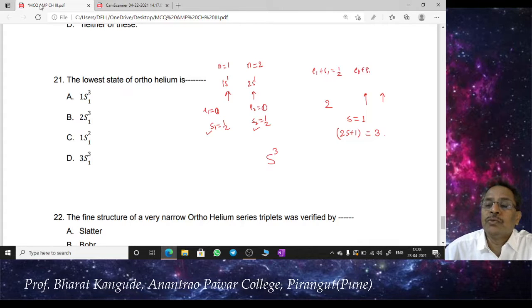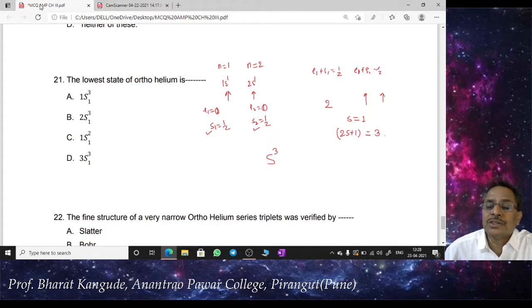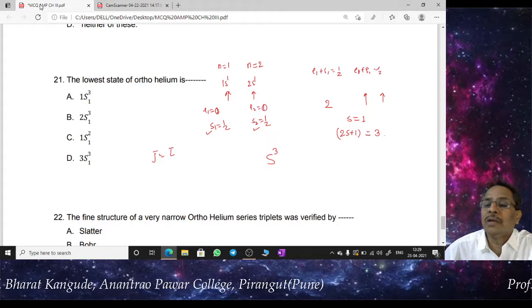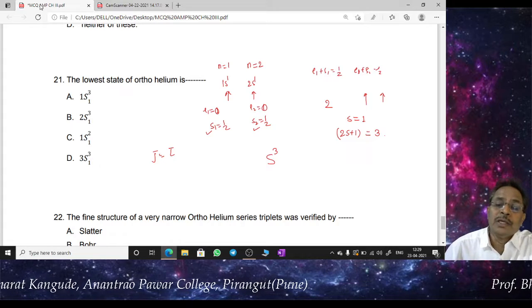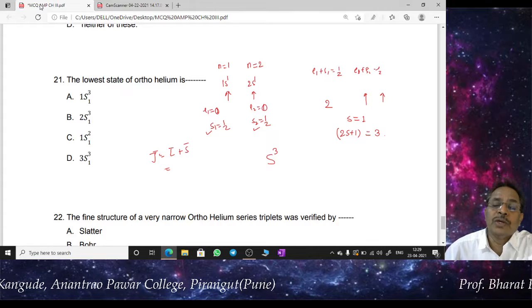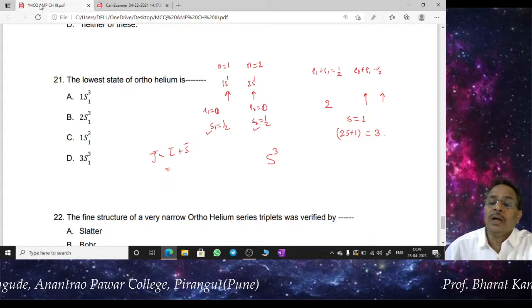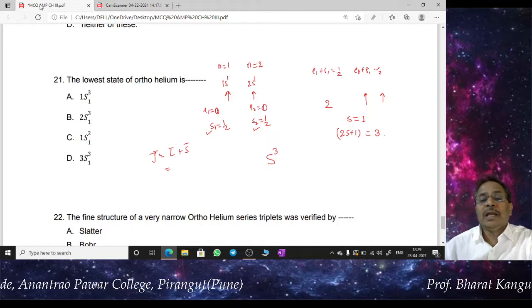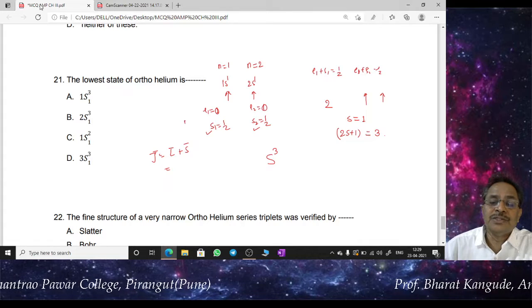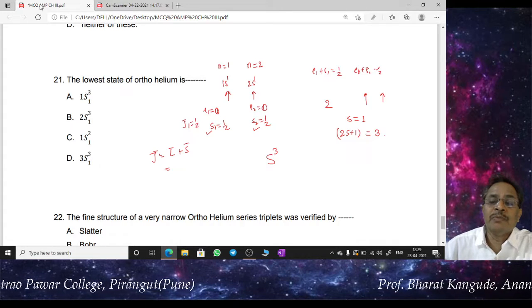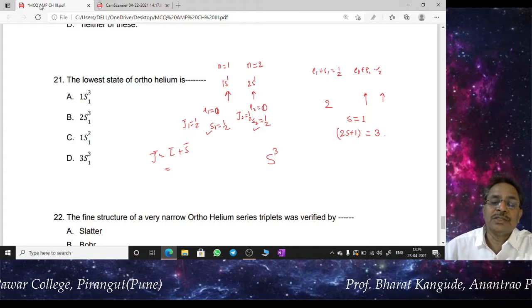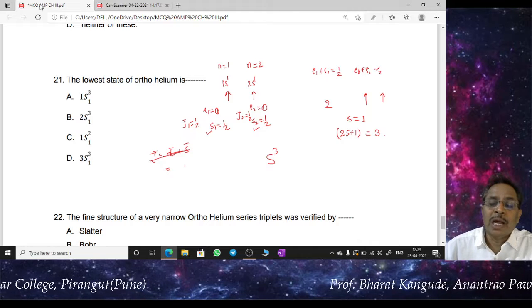So J1 in this case is 1/2, and J2 is also equal to 1/2.